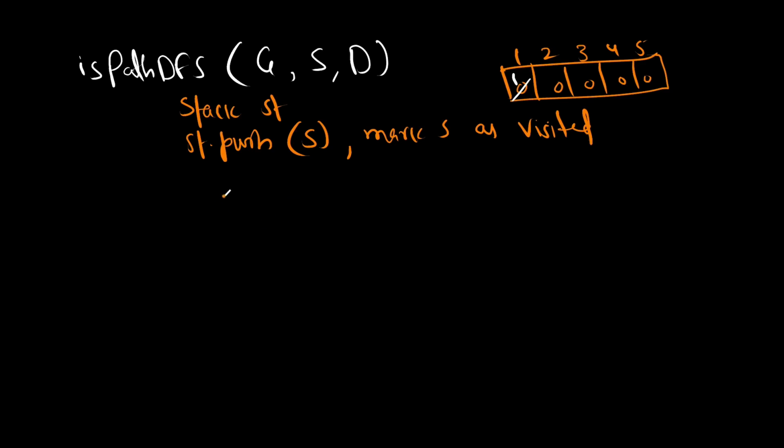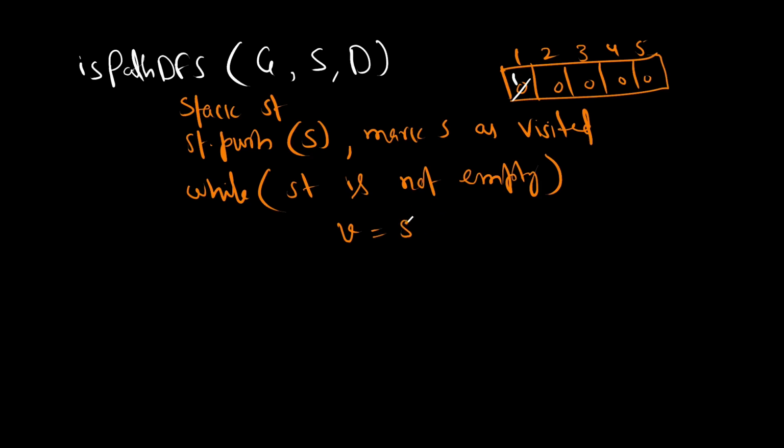Now what we have to do, we have to apply a loop here as well, and we have to check till stack is not empty. Okay, when stack is not empty, what we can do, we can start popping vertices from the stack. So we'll use v equal to st.top. What this function does, it is used to reference the top element of the stack.